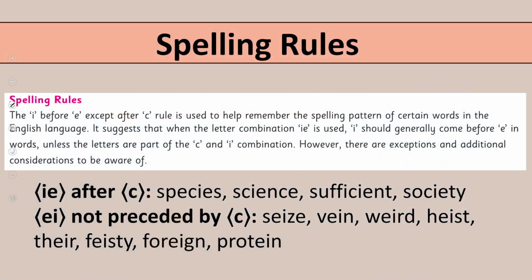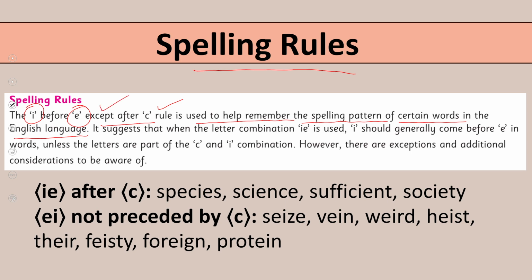Let's understand the spelling rules. And today we have just one rule with exceptions. You can open your books and see that the I before E except after C rule is used to help remember the spelling pattern of certain words in the English language, so that we do not confuse it and write incorrect spellings.